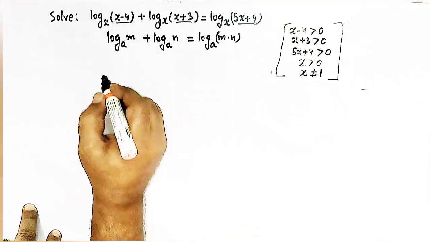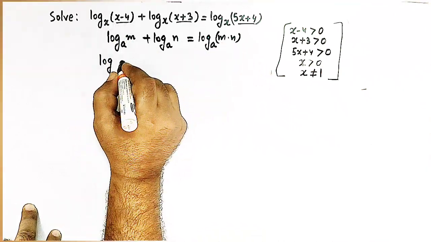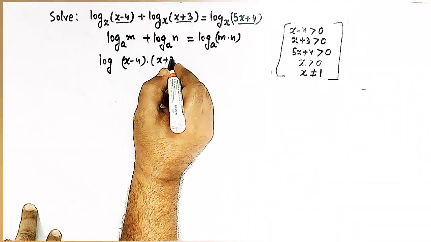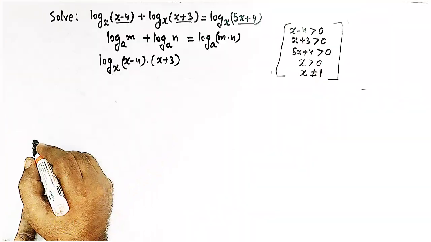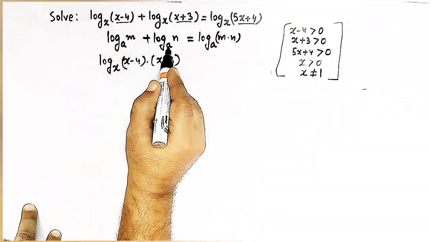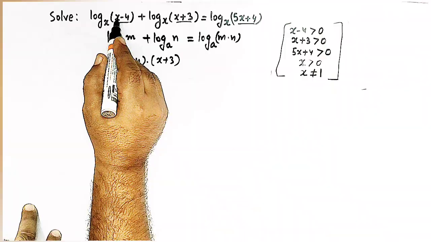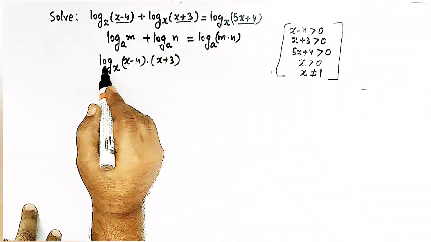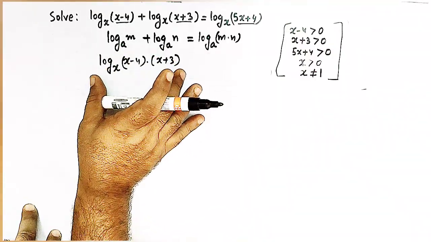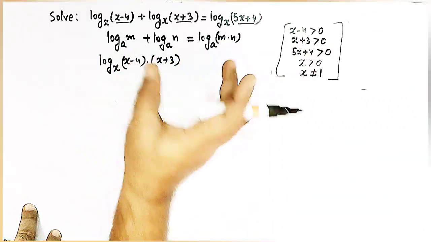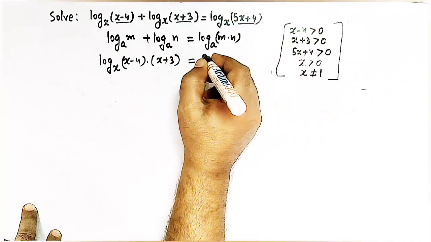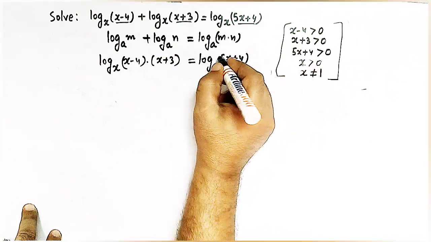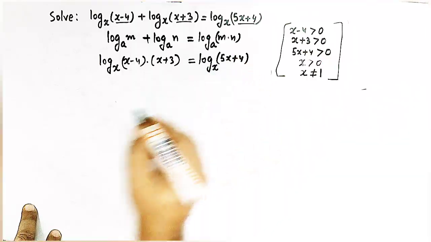So here we have logarithm of x minus 4 times x plus 3 and here the base is x, right? So here a can be taken as x and m is x minus 4 and n is x plus 3, right? So we can write the left hand side like this using this property, and in the right hand side we have log of 5x plus 4 to the base x, right?